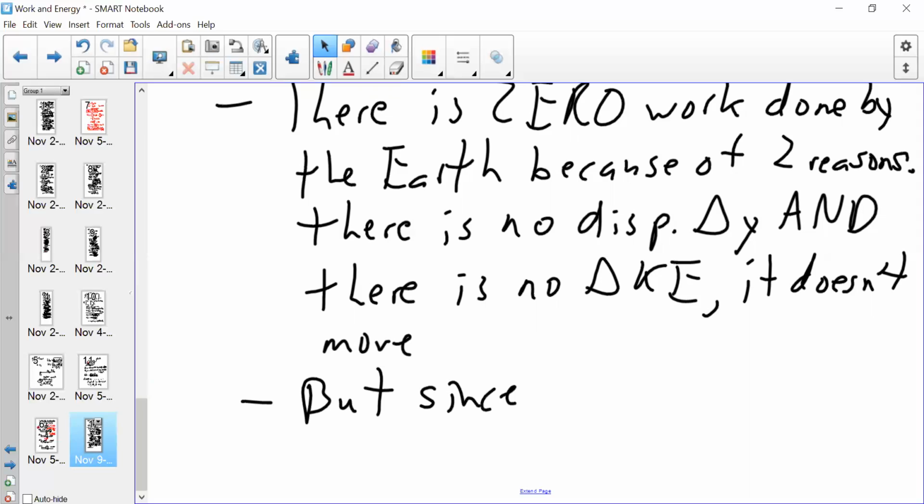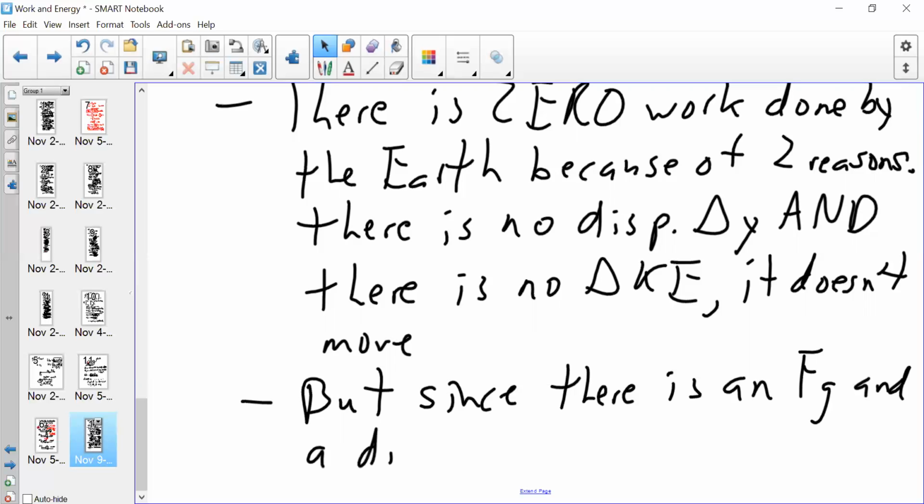Okay, but since there is an FG, a force due to gravity, obviously, it's always going to be there, and a displacement. These things exist. There is a force due to gravity. There is a displacement between the stationary ball and the Earth.